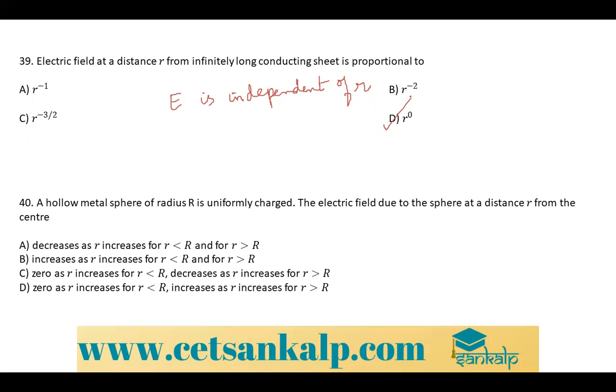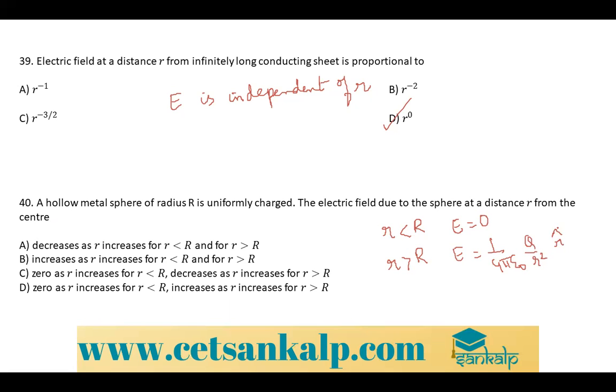First case, you have to remember, in a uniformly charged hollow conducting sphere, if r is less than capital R, the distance is less than the radius, then the electric field will be 0. Next condition, if r is greater than capital R, then the electric field is 1 by 4 pi epsilon naught Q divided by r squared into vector r cap.